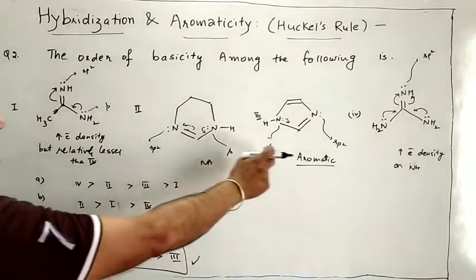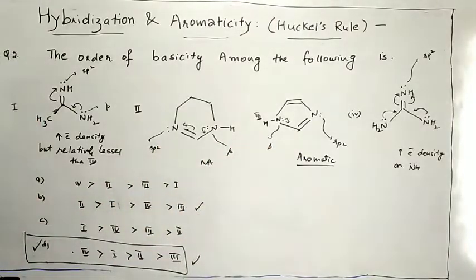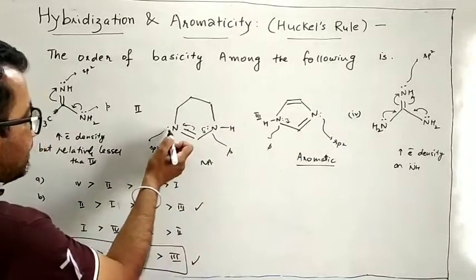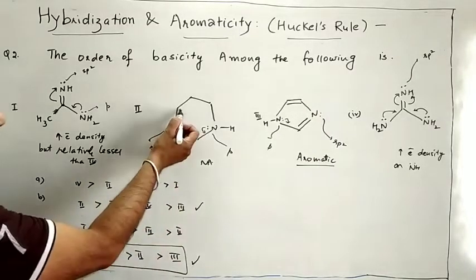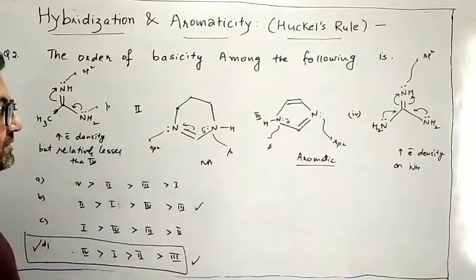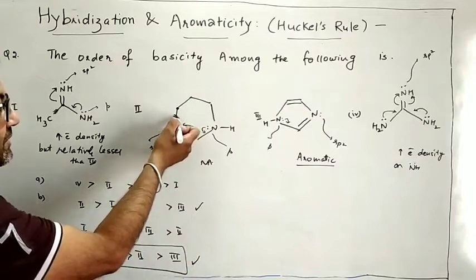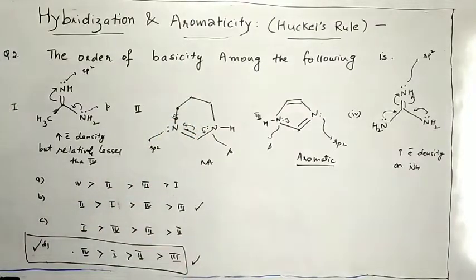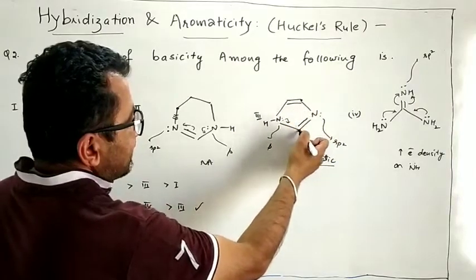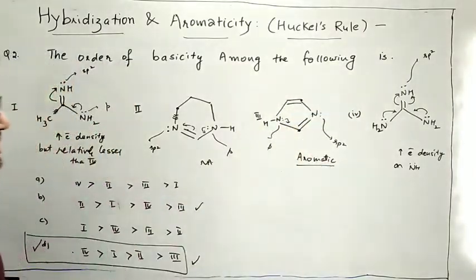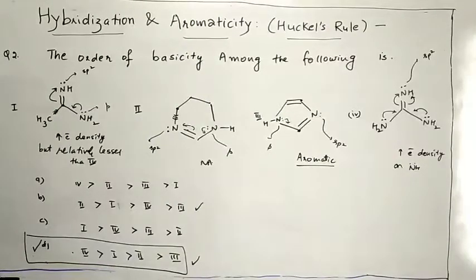Why 2? Because 3 is aromatic in nature. In case of 2, this electron pair is responsible for basic nature and this carbon is sp3 hybridized. This carbon also gives electrons through the inductive effect. But here, this carbon and this carbon are both sp2 hybridized, and sp2 hybridized carbon is more electron withdrawing than sp3.